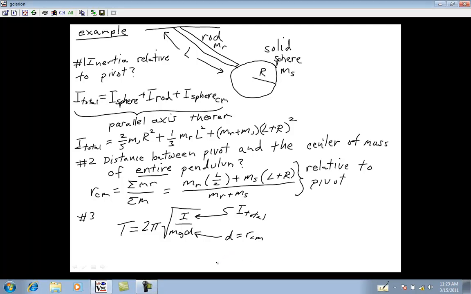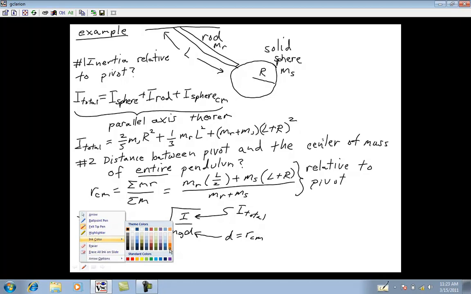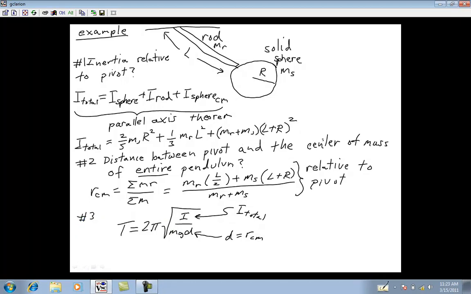In this equation, we need to get rid of the mass of the rod right there. In the parallel axis theorem, it's the center of mass of that object that's away from the pivot point.